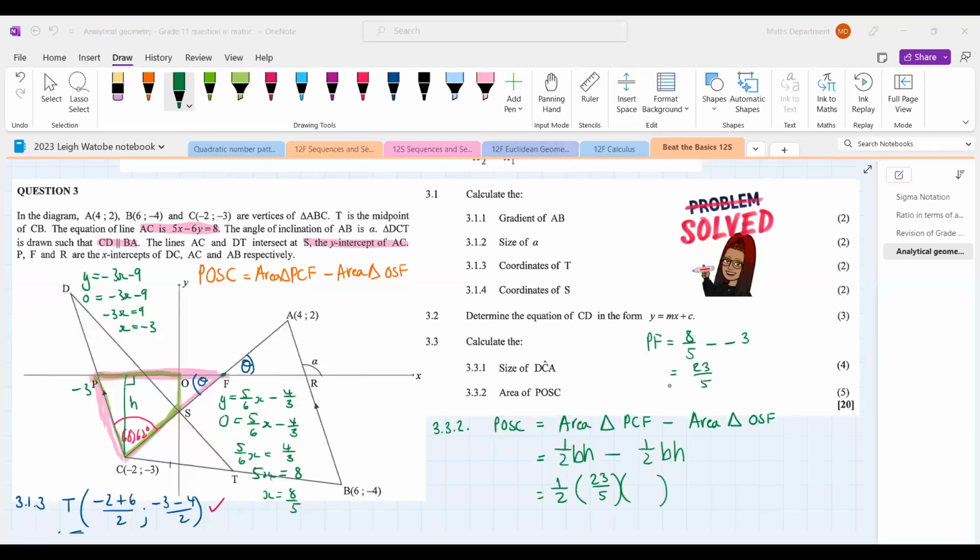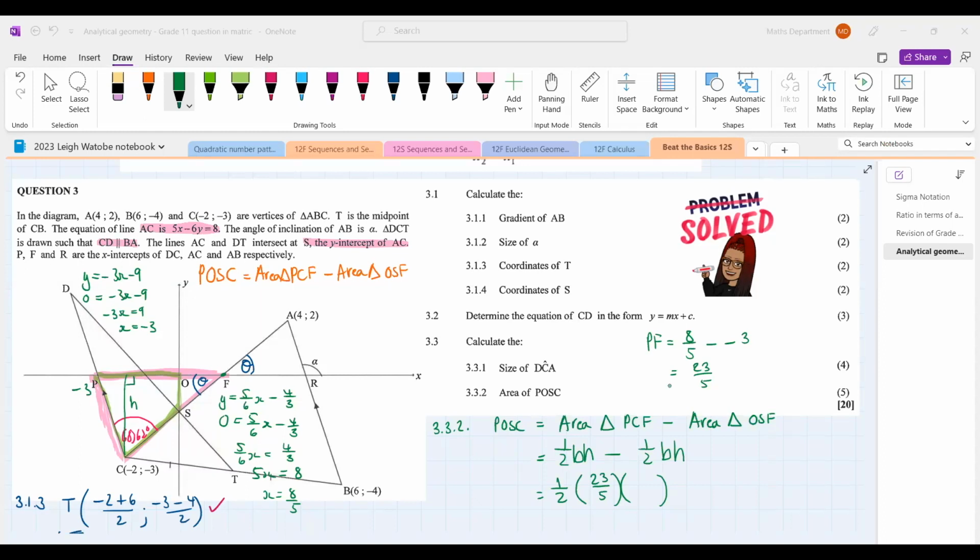On a Casio, you would press Shift AC, Shift 9, Shift 9, 3 equals, and then press AC, and that would reset your calculator.